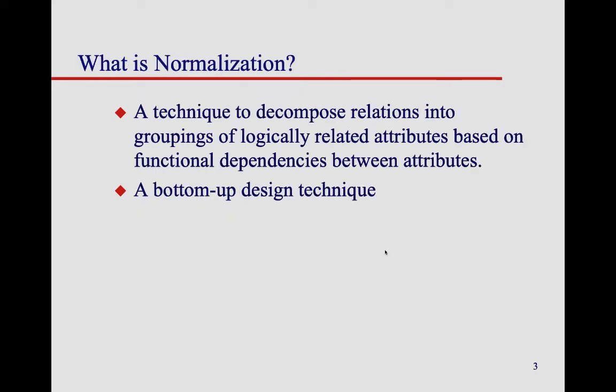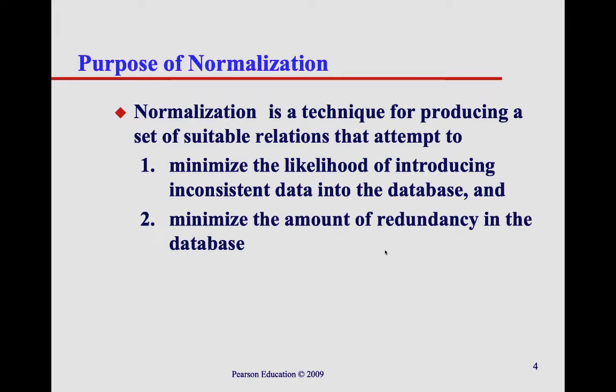Okay, so normalization is essentially a mathematical algorithm for decomposing relations into logically related subsets based on functional dependencies between attributes. And we will get into that algorithm, but if you want to think of it in general terms, what we're trying to do is minimize redundancy.